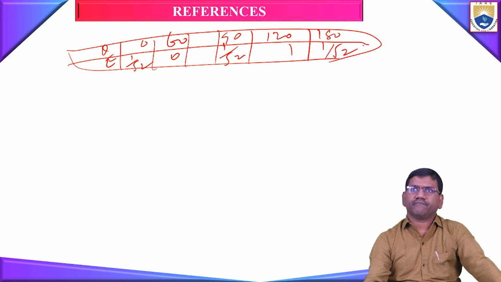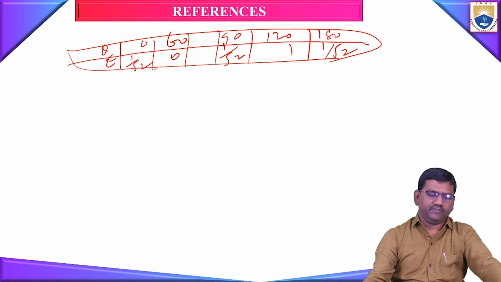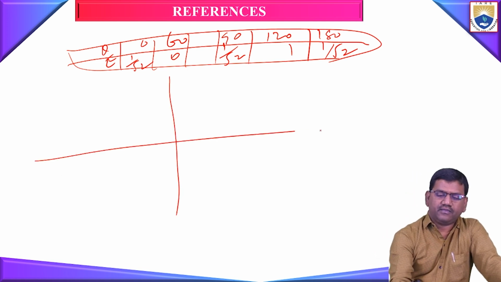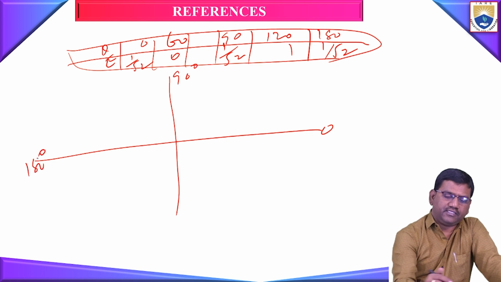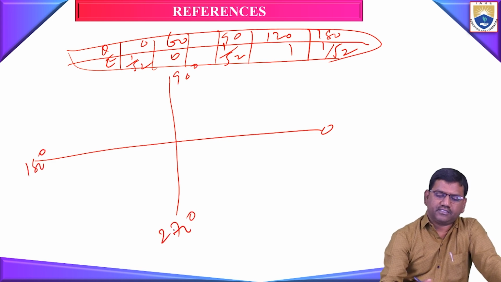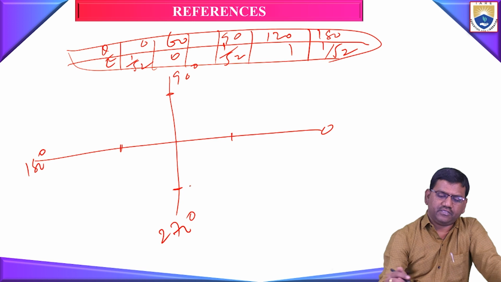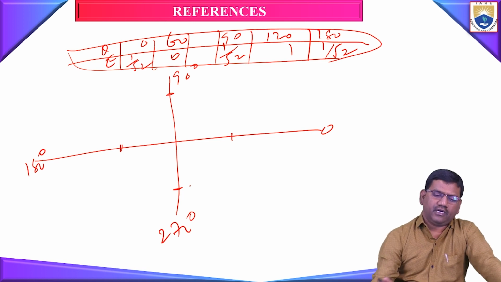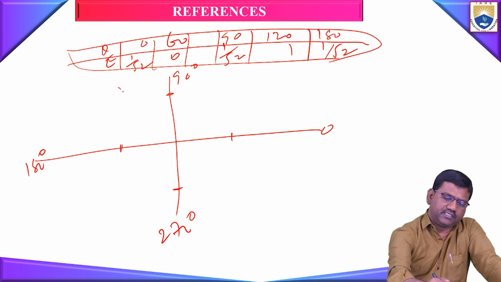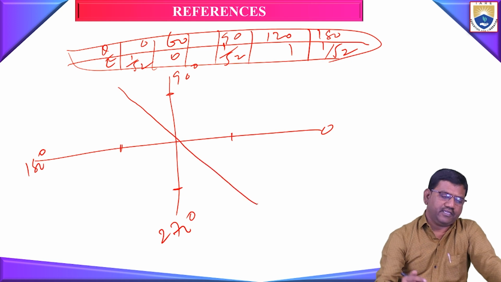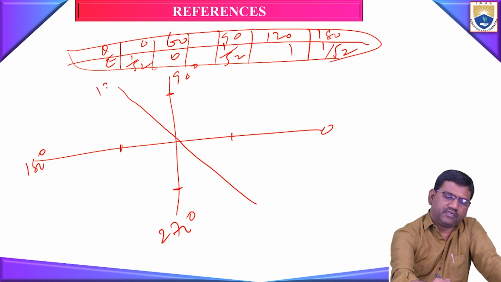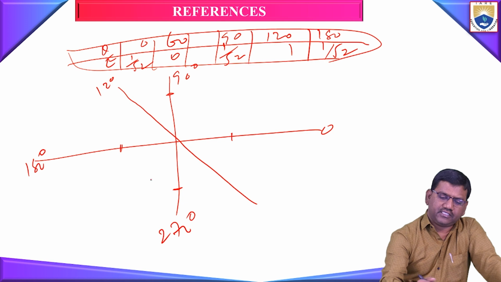So for this, if you draw the radiation pattern, this is 0, this is 90 degrees, this is 180 degrees, and this is 270 degrees. Let us take each of these as 1 unit. Also, let us take this as 120, and this as 60.